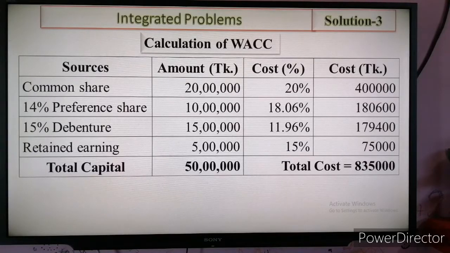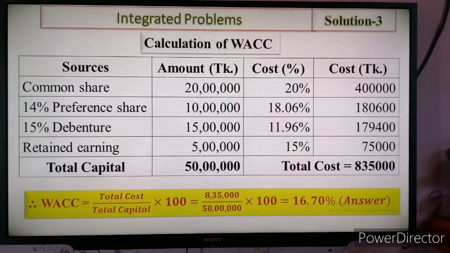For example, cost of equity 20%, cost of preference share 18.06%, cost of debenture 11.96%, cost of retained earnings 15%. Multiplied in percentage mode, we have total cost 8,35,000, and this is the formula for determining WACC that we obtained from the table.